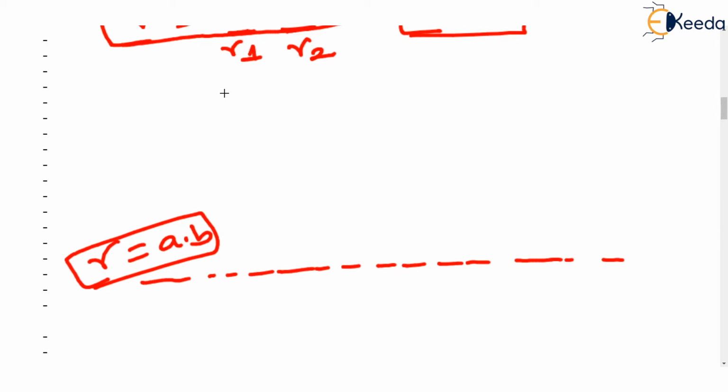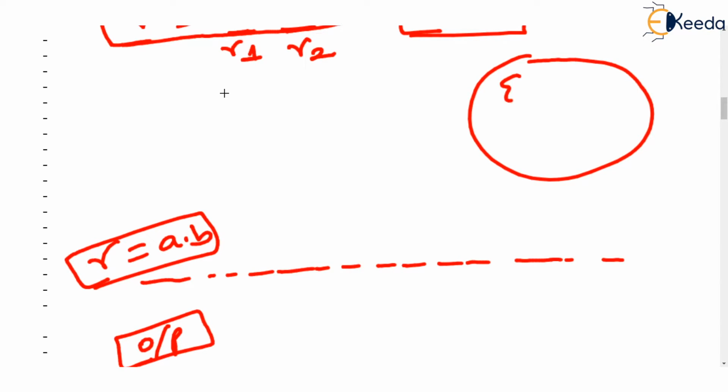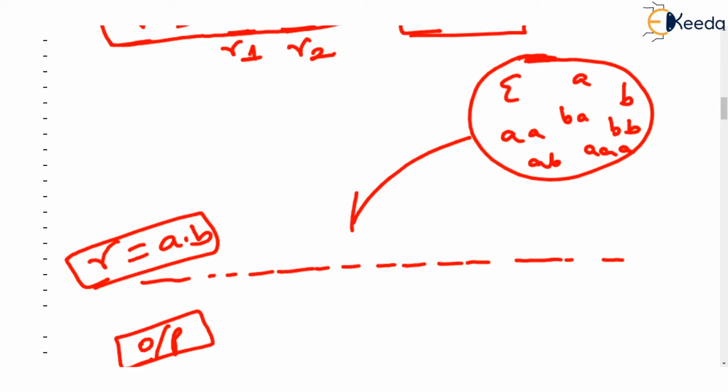So only those strings which pass this filter or this condition will be shown or will be taken as the output. Now we have a big set over here. Although I am writing only a few strings of this set, let's say that these are the strings of the set, and there are infinite strings which can be made using A and B. Now if you put every string of this sigma star through this filter, which strings will pass?